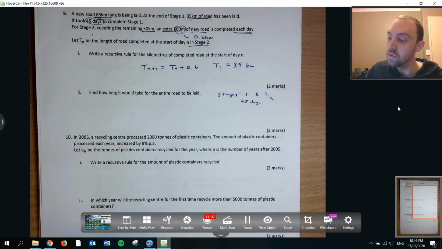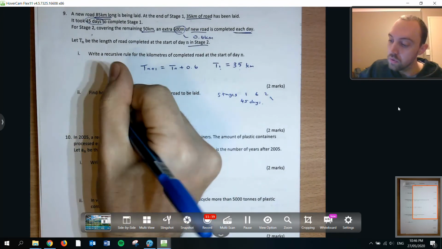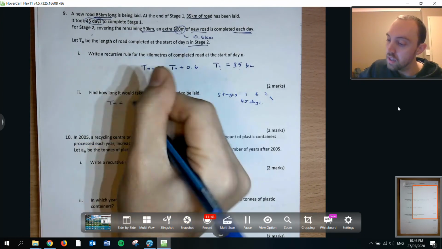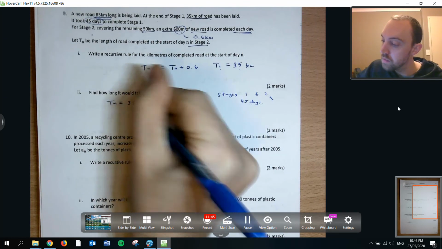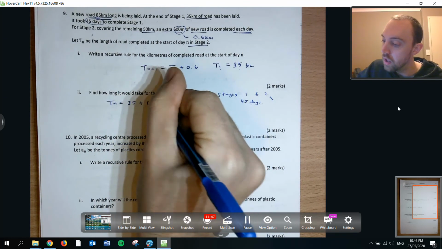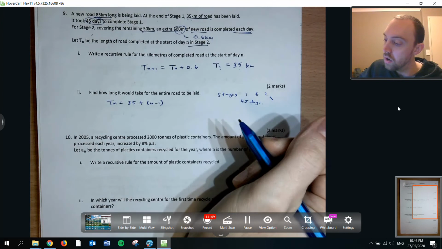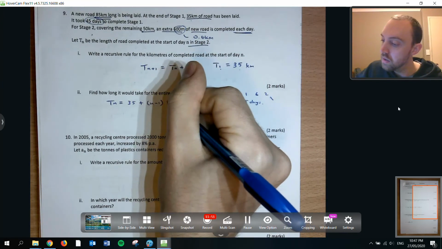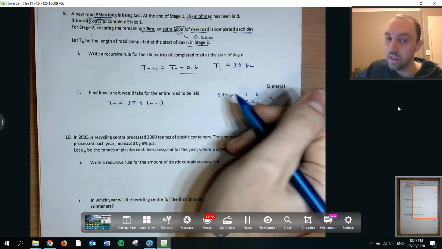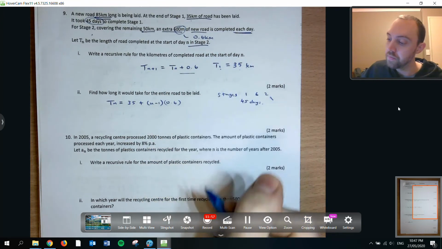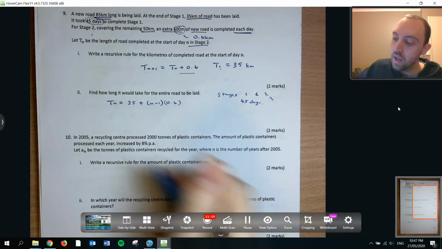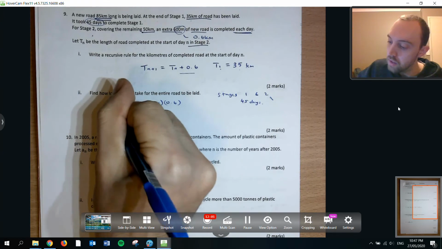We might need to use our non-recursive rule. So Tn is equal to a, 35, plus n take 1 of d. My common difference is 0.6. And we want to know when it gets to 85.